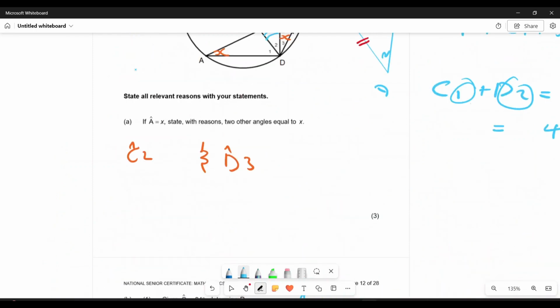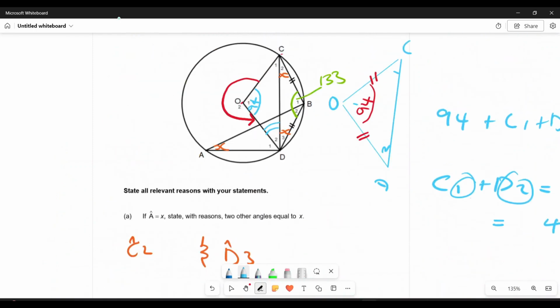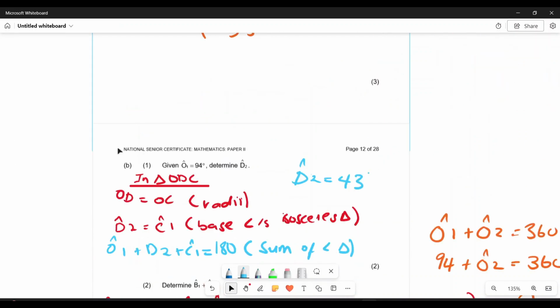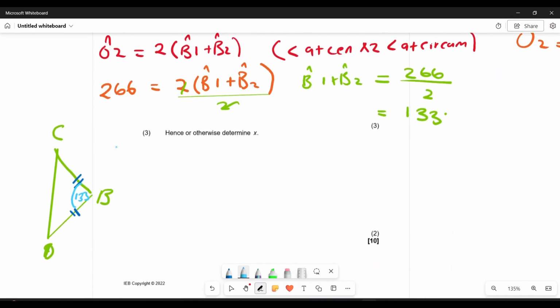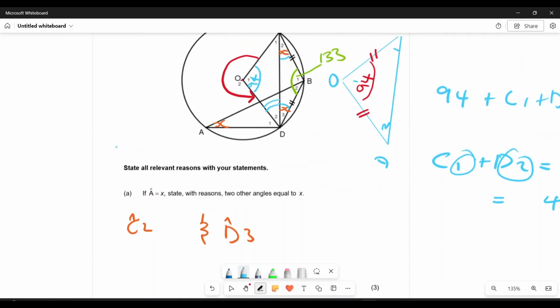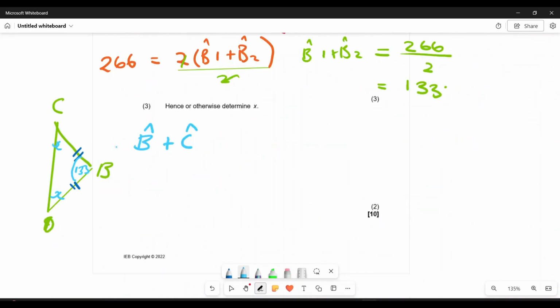Now remember before I said that these two angles C2 as well as D3 are both equal to x, right? So now both these angles are equal to x, and we need to solve for the value of x. Here I'm going to first start by saying that if I take my angle B plus my angle C, to be specific, I have C2 and D3, right? Let me name my triangle first.